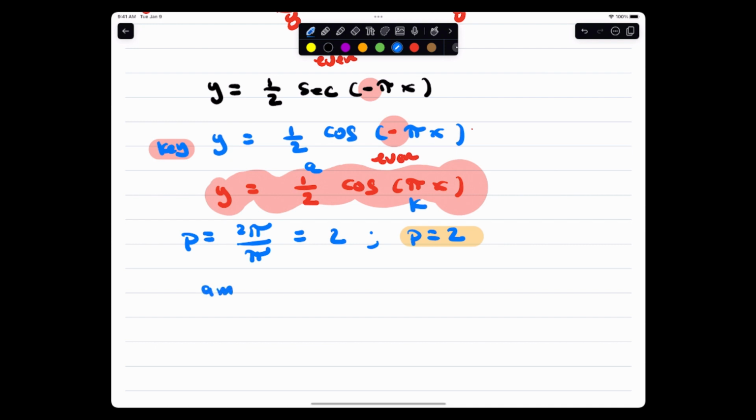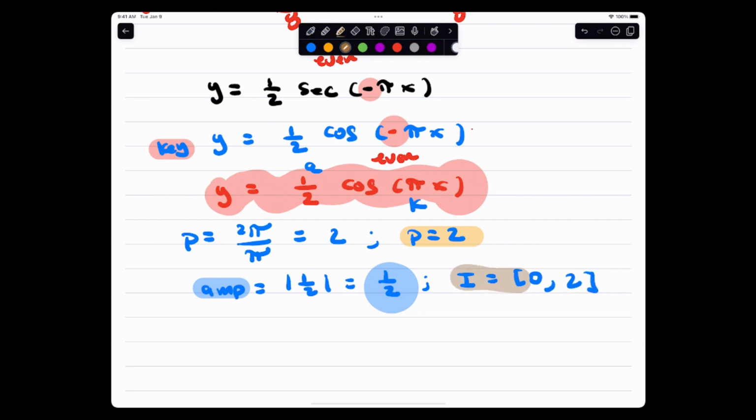Your amplitude, the absolute value of 1/2, which will be what? 1/2. Interval of 1 cycle. Start at 0 and where? 2. Okay, you guys have all the information to start graphing cosine.